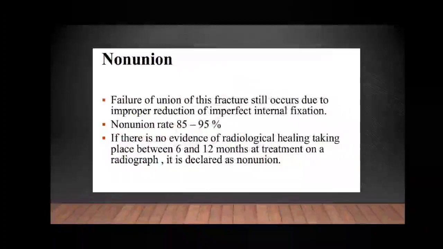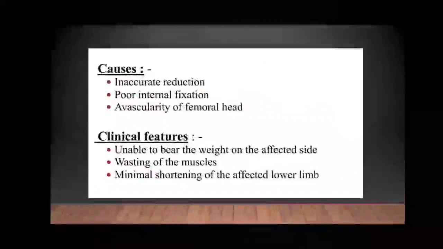If there is no radiological evidence of healing taking place between 6 to 12 months of treatment on an X-ray, then it is declared as a non-union. So you have to wait a long period of time to decide whether this is a delayed union or a non-union. Causes of non-union would be inaccurate reduction, poor internal fixation, avascularity of the femoral head.